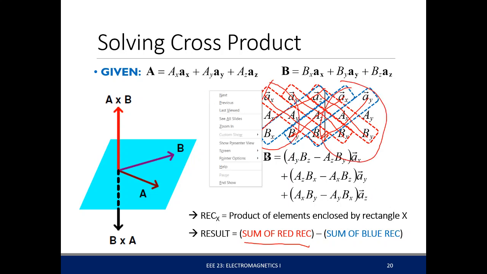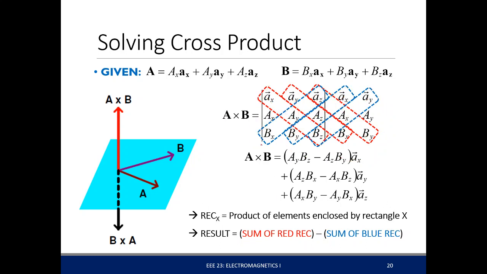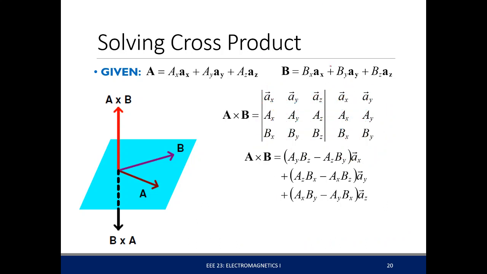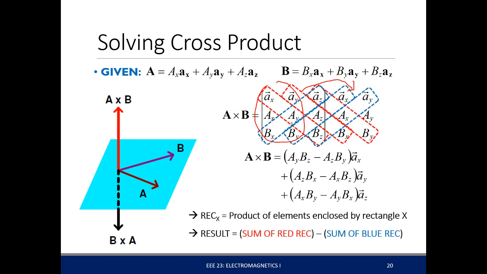So let us delete all that. You just need to copy this part of the matrix to this side, and then you group your operands, and you'll get this expression right here. You'll simplify your expression with this. So that is the cross product. As you can see, it's already in vector form.